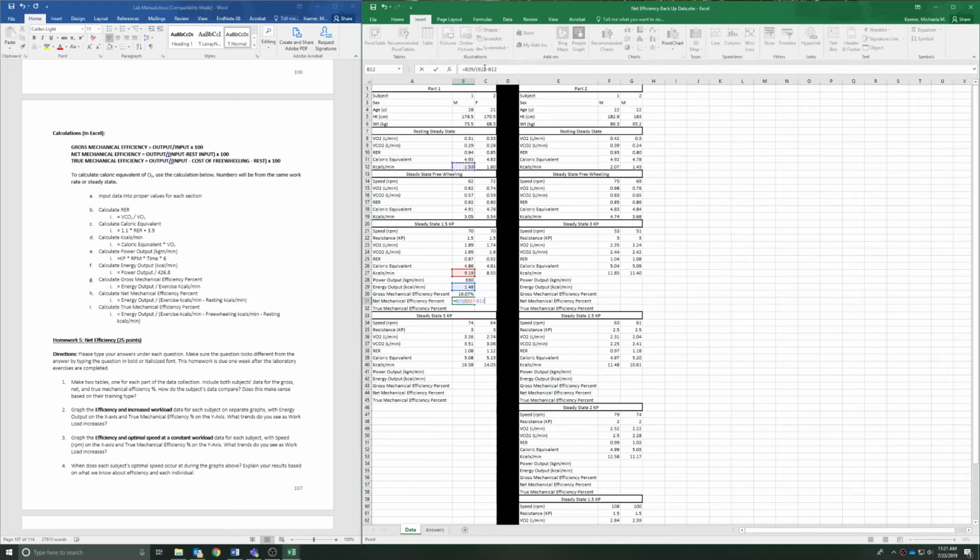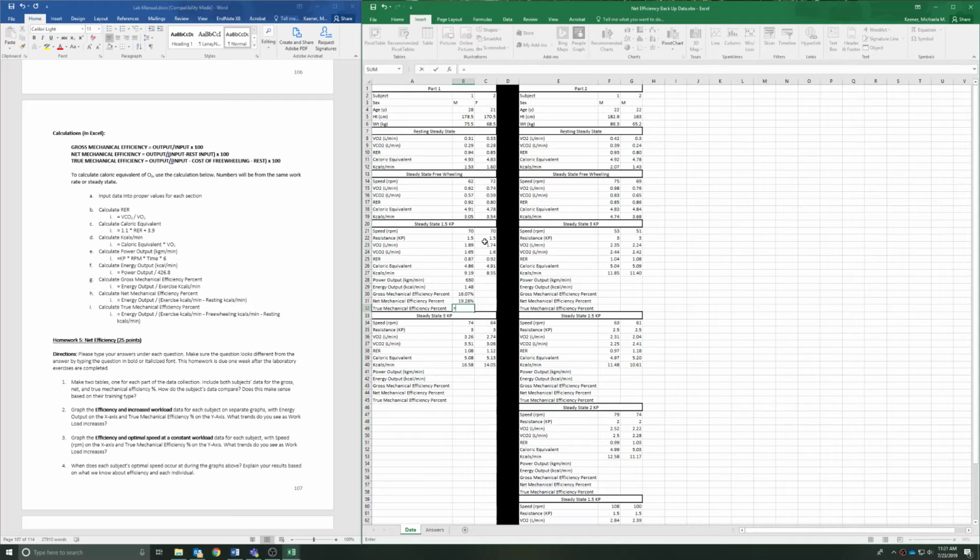And to be able to easily copy and paste this, we need to hold this column. So we're going to put that money sign before the 12, but not the B, to hold the row, but not the column. And then we're going to do the same thing for true mechanical efficiency. This time we're going to subtract that steady state during resting and the steady state of freewheeling as well.